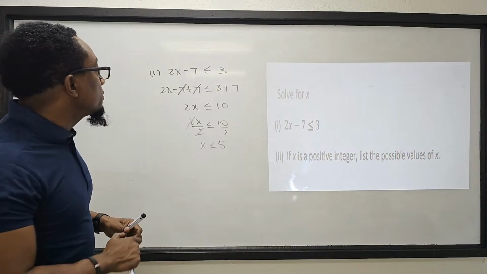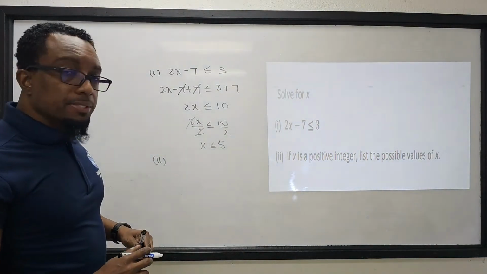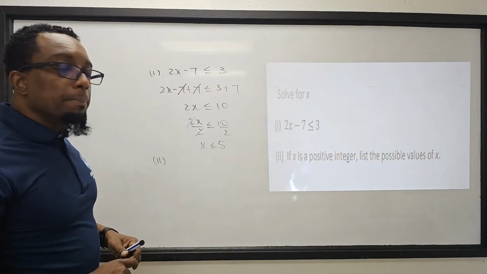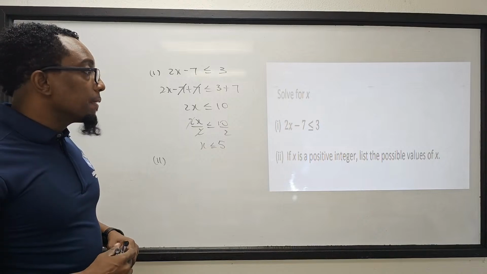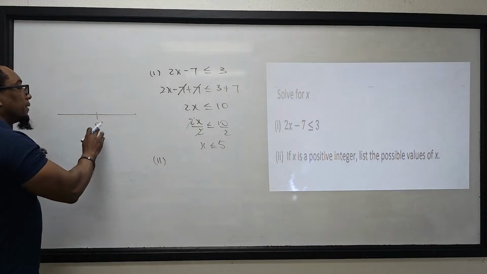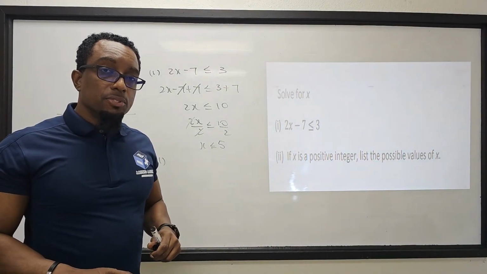And part 2 says, if x is a positive integer, list the possible values of x. If it's a positive integer, so remember, integer consists of course, 0 is neutral. 0 is not an integer, it's neutral.